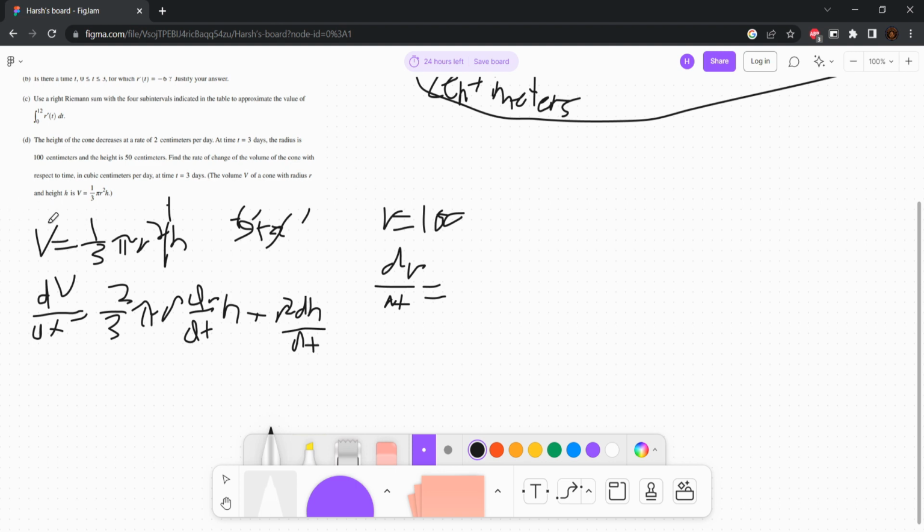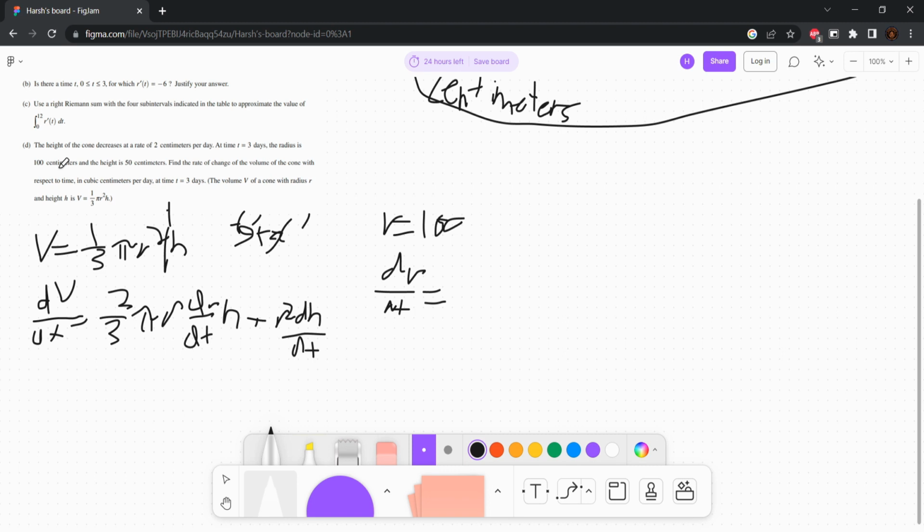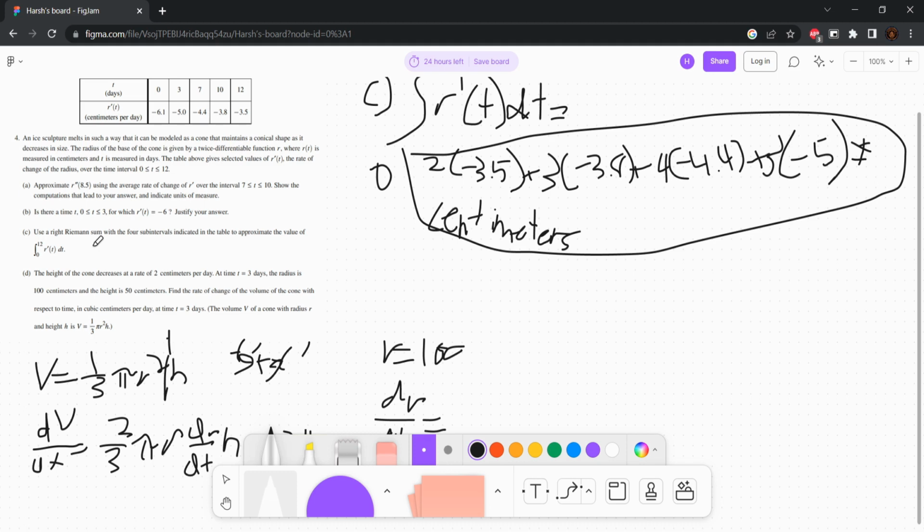Two-thirds. The height of the cone decreases at a rate.